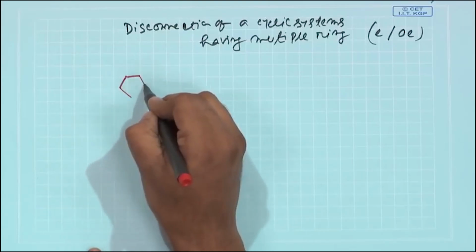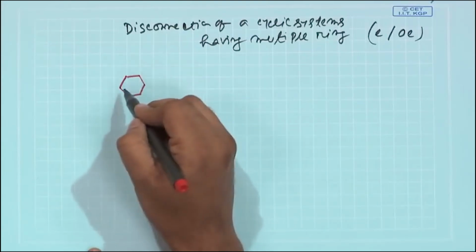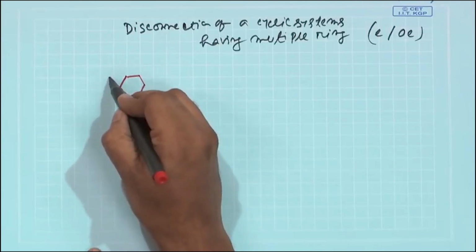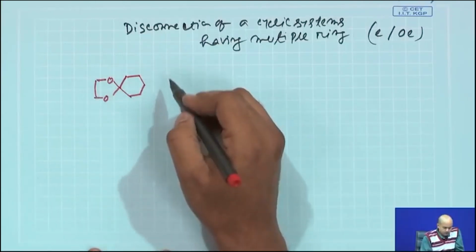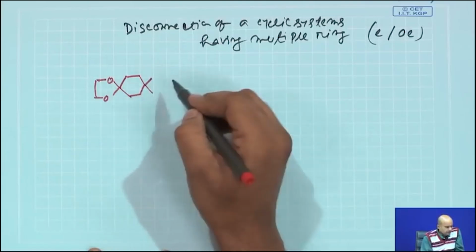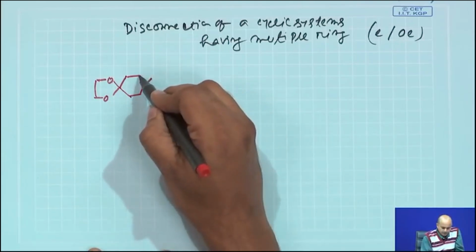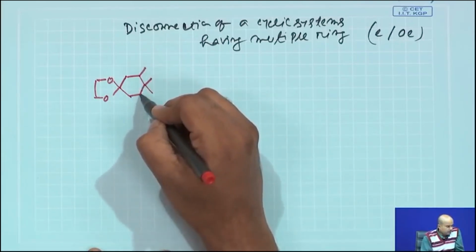has a multiple ring structure, and if you see, the structure has a 6-member ring at the left hand side.